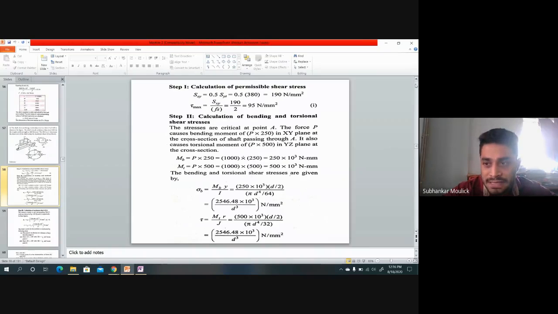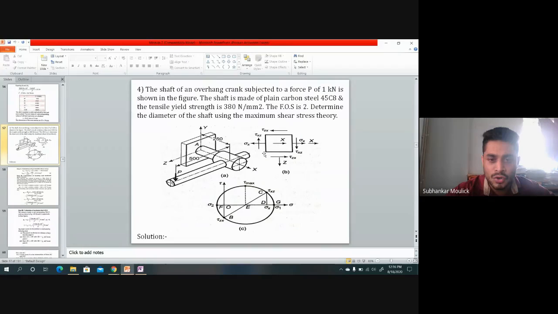Now we can see we got the value of sigma B, we got the value of tau. It is very much clear from the problem that sigma B is nothing but bending stress acting along the x-axis, and tau is shear stress which is acting on the xz plane. This is x, this is z. On this xz plane, the shaft is kept parallel to that axis.